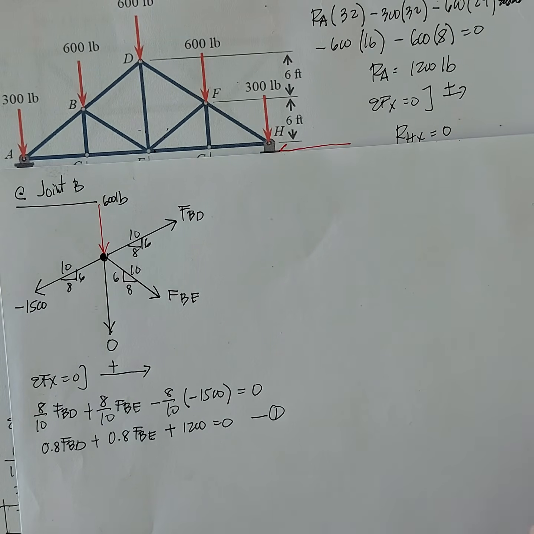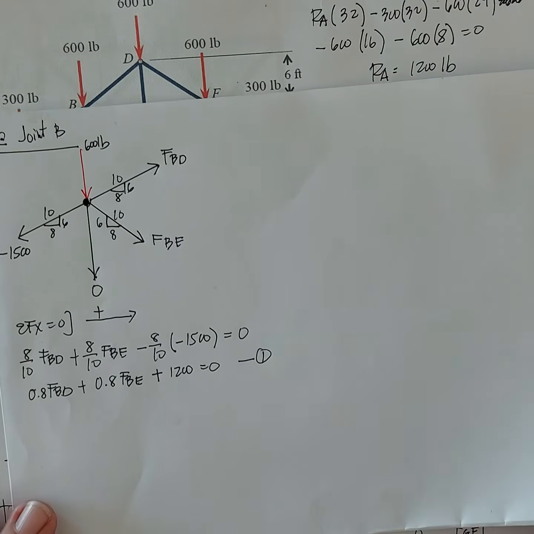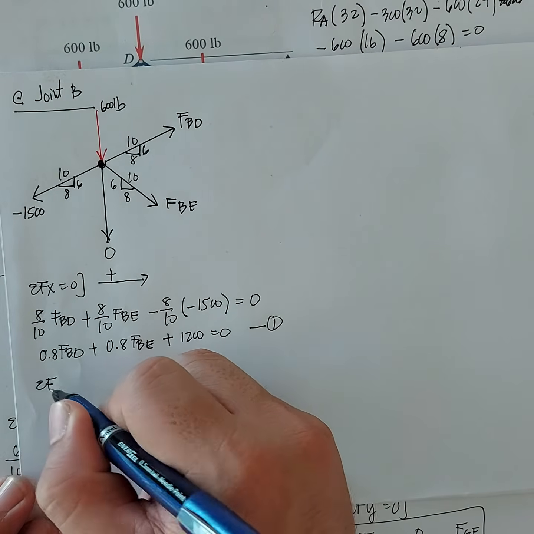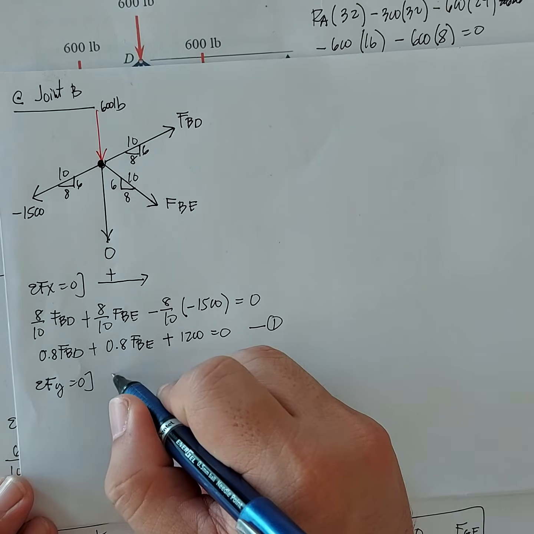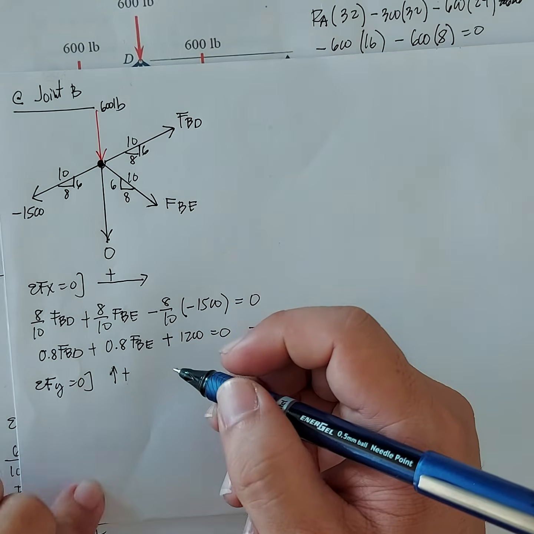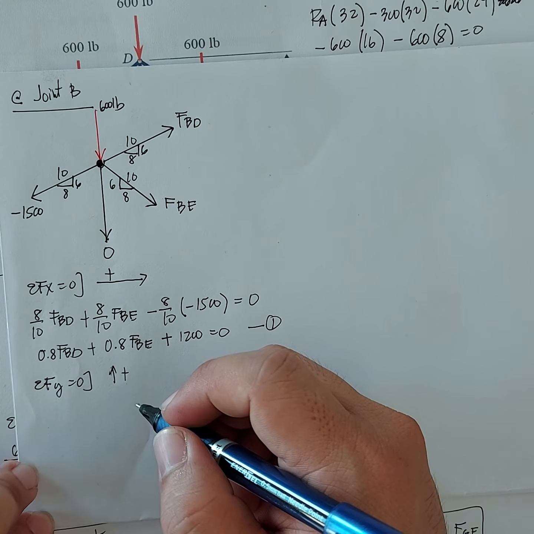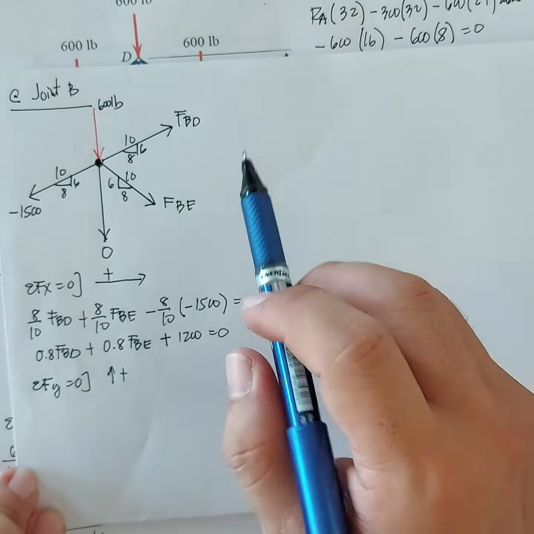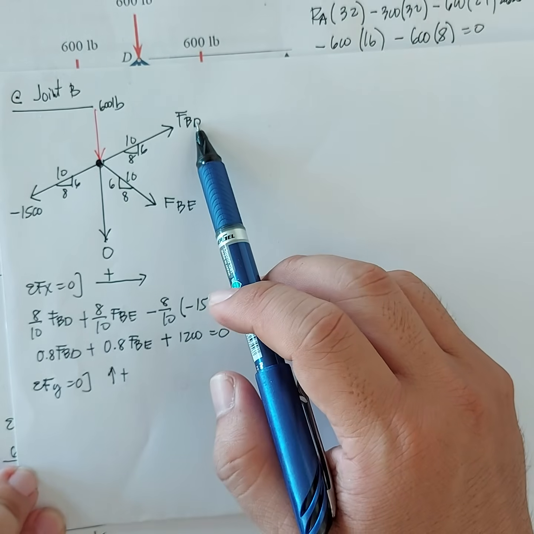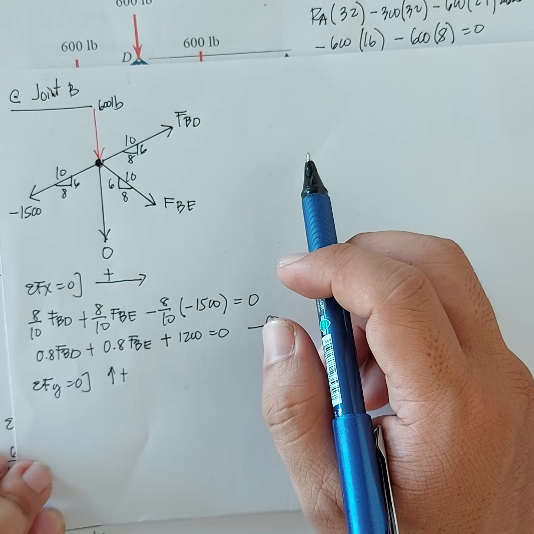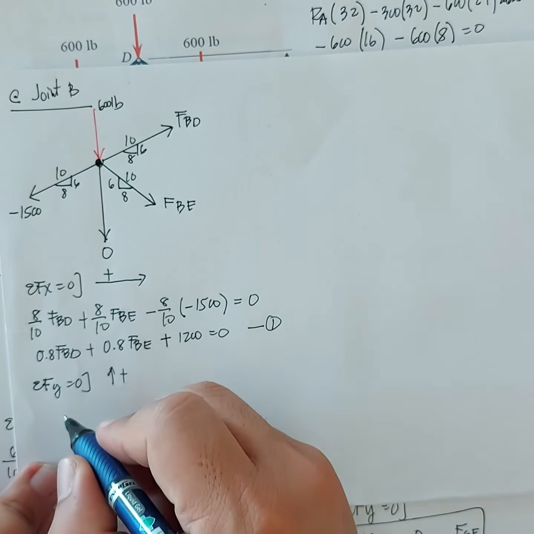Okay, natin. Equation 2 would be coming from the other condition of equilibrium. Summation of forces along y-axis is equal to 0. Upward forces positive. So all vertical forces. So we have the vertical component of FBD, so that is 6 over 10 of FBD, upwards pa rin.